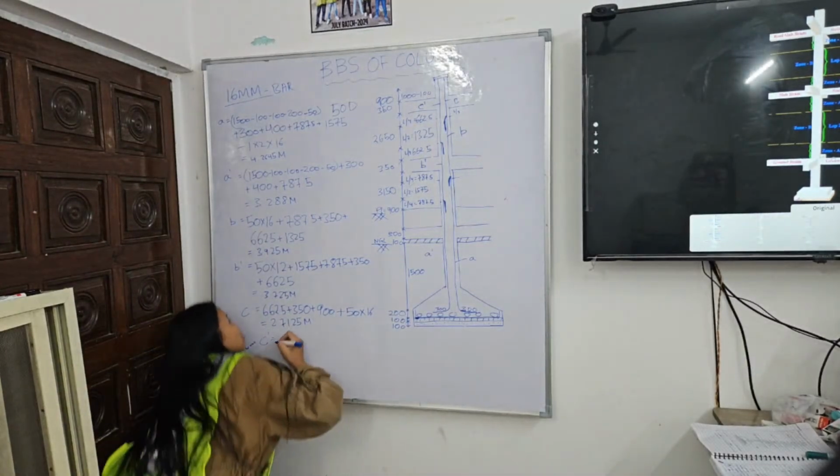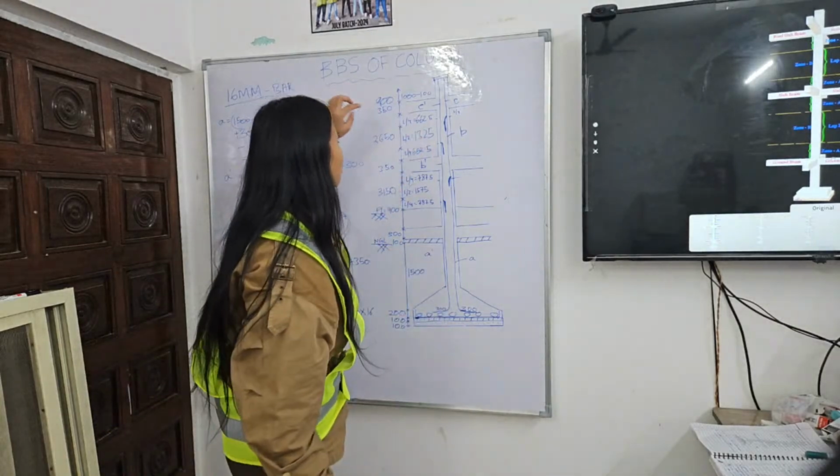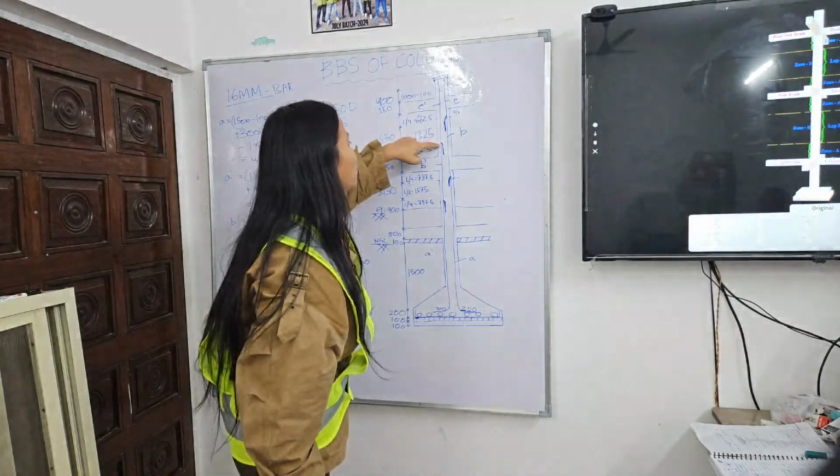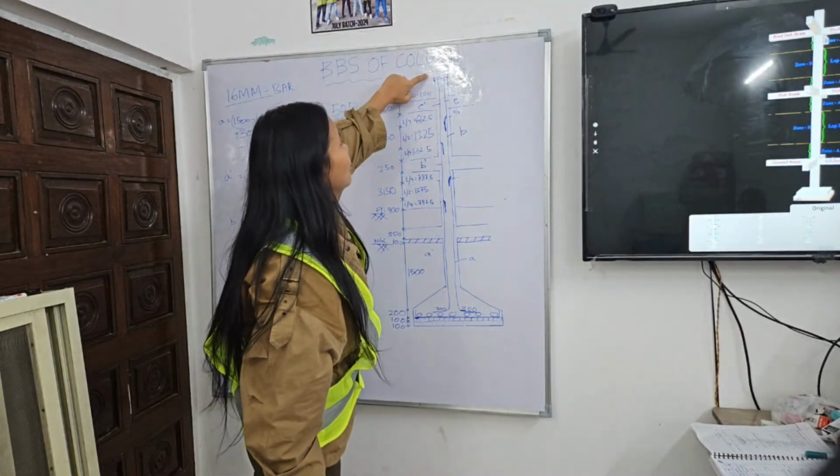So for C dash, we are starting from here, adding the lap length from here till the parapet wall.